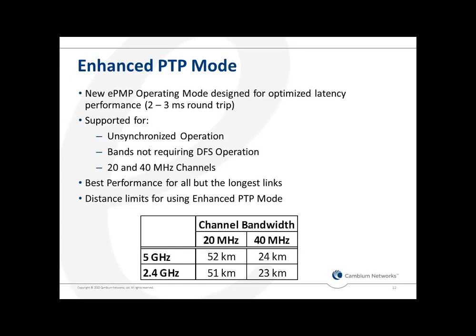And when you have very long links, the acknowledgement timers will time out because of the excessive propagation delay. And so if we have a very long link, you don't recommend using this mode of operation. But as you can see, you can get some pretty long links with this enhanced PTP mode, so it's really not much of a limitation at all.